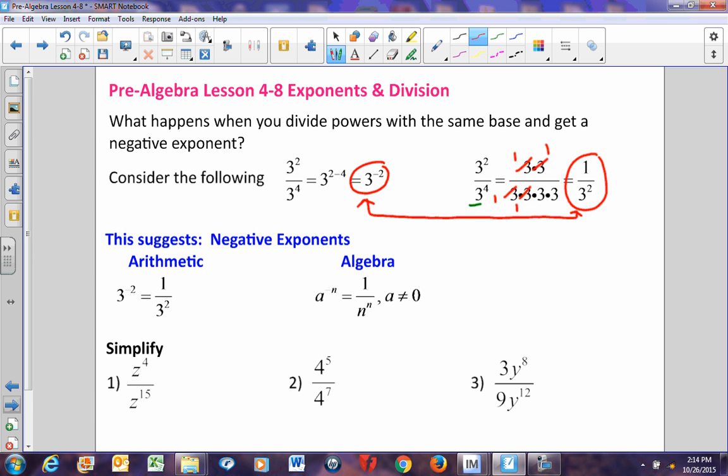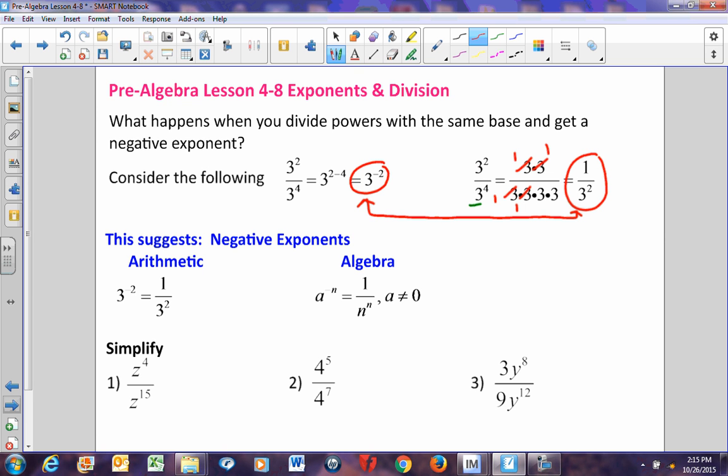Which tells us that if we end up with a negative exponent, that's the same thing as saying 1 over that number to a positive exponent. Now this is probably the most confusing thing when we deal with exponents. Whenever you have a negative exponent, to make it a positive exponent, it moves to the denominator and becomes positive.